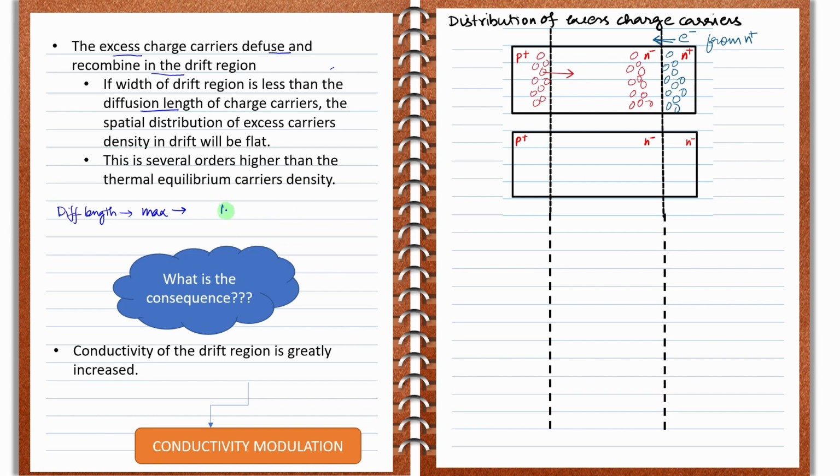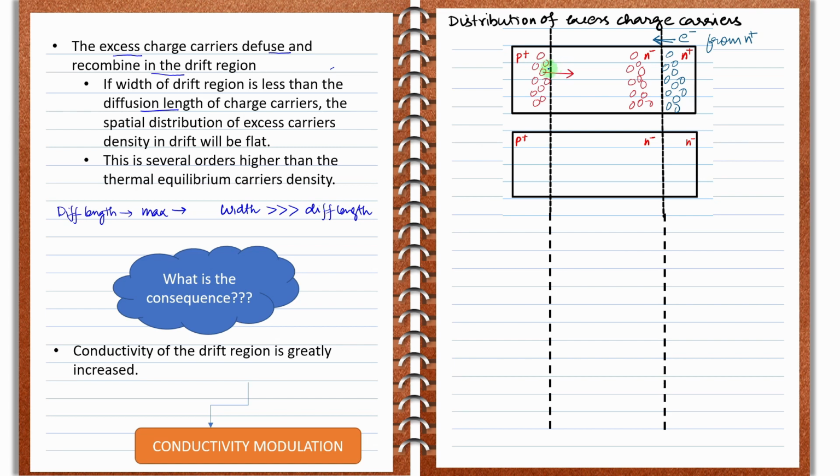So if the width of the depletion layer is much higher than the diffusion length, naturally all the holes would be recombined in the diffusion layer itself. There will be no double injection phenomenon. Whatever electron or hole has moved into the region would just recombine within the region itself.